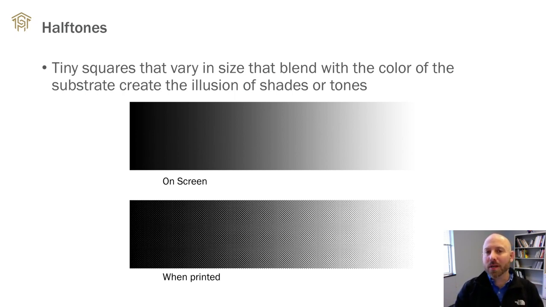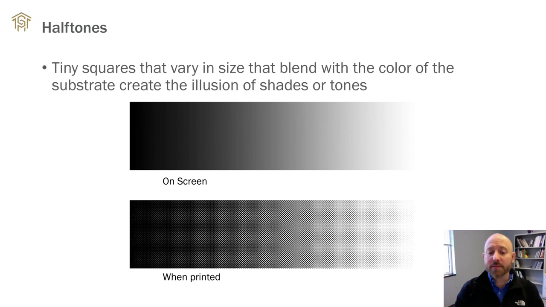But the thing is, when we go to a printing press or even a digital printer, we can't go and put 256 different inks into that machine. That's impossible. So what we have to do is simulate those tones, and we do that using halftones.